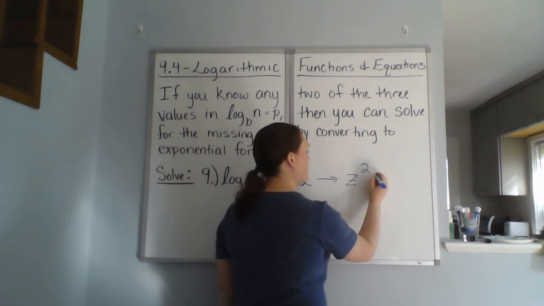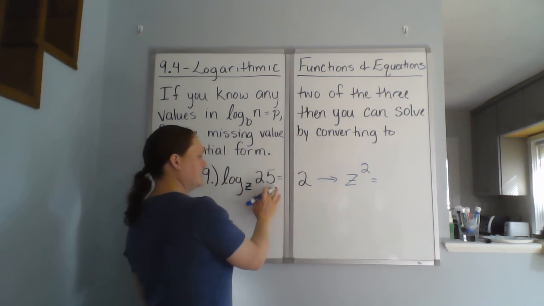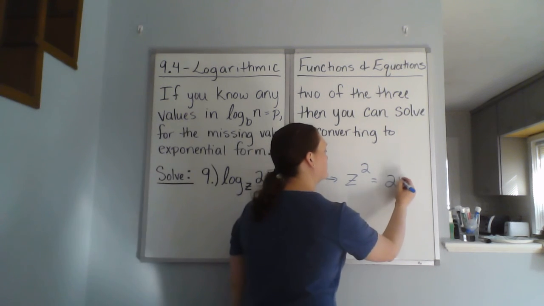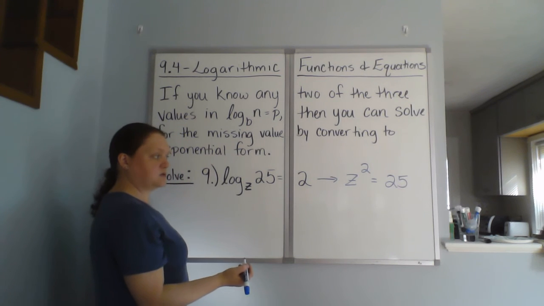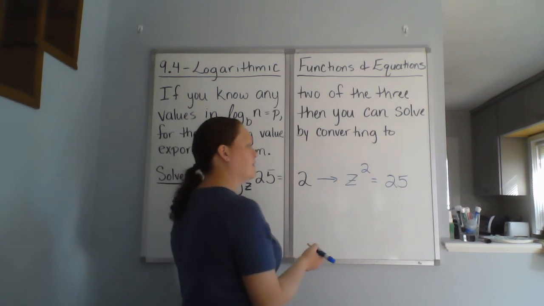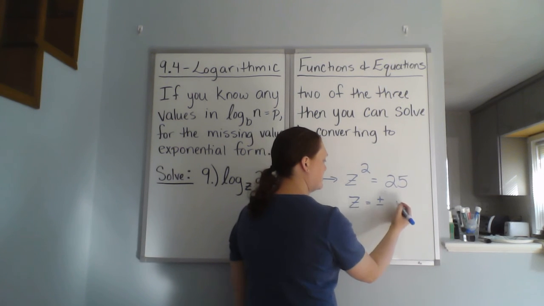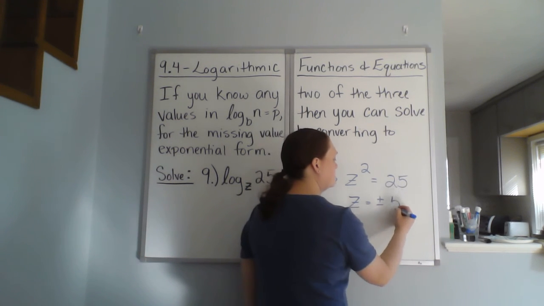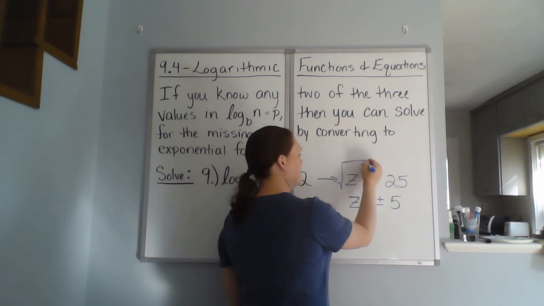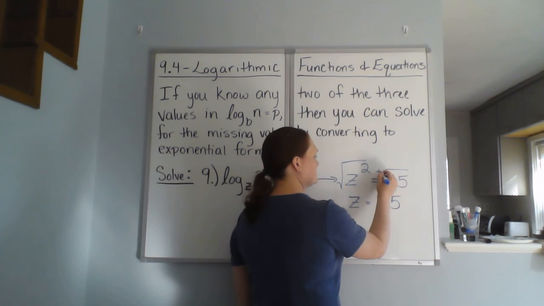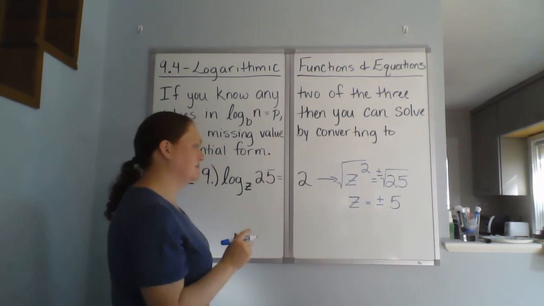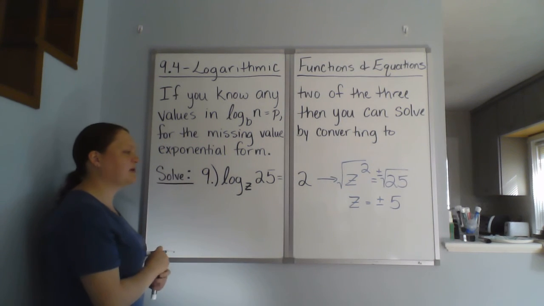So we have z squared is equal to, the inside number is 25. Okay. So z squared is 25. The only way to solve that is to square root both sides. So I'm going to get z is equal to plus or minus the square root of 25, which is 5.